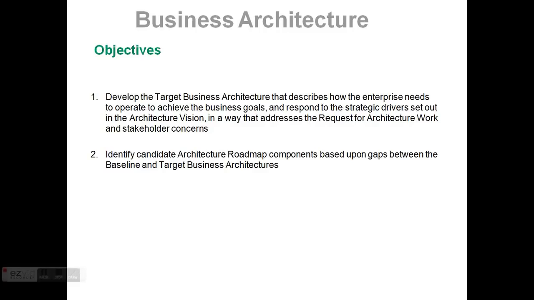The other point is to identify the candidate architecture roadmap components based upon a gap between the baseline and the target business architecture.